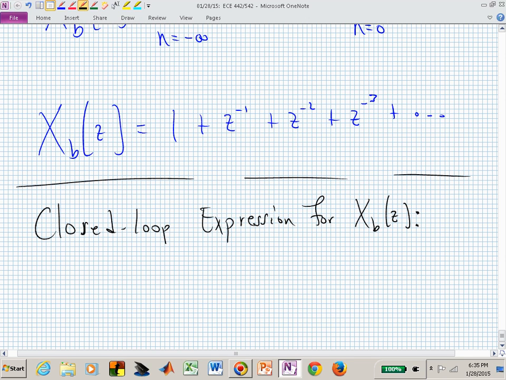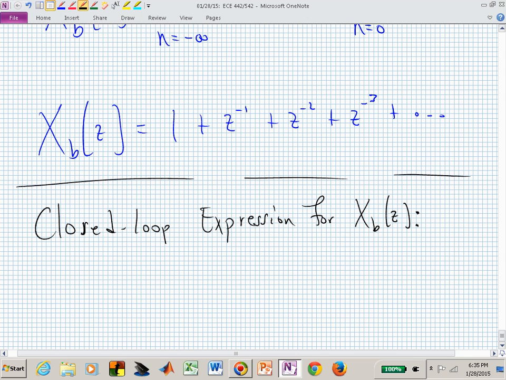We're adding 1 plus z to the minus 1 plus z to the minus 2. There's a common ratio in those terms, z to the minus 1. First it's raised to the zeroth power, then the first power, then the second, then the third.